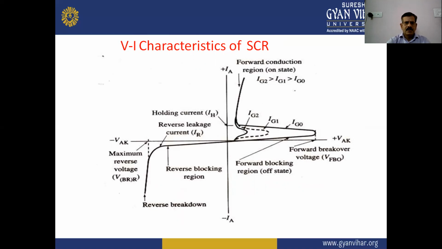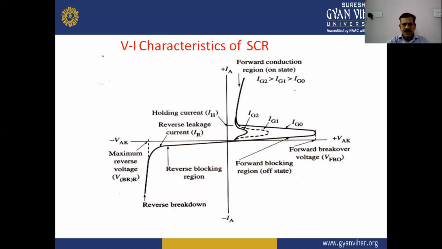Now we draw the VI characteristics of the SCR, a graph between voltage versus current for the thyristor or SCR. There is a forward conduction region in this graph and also a reverse conduction region. In the forward conduction region, there is the holding current IH and a forward blocking region.